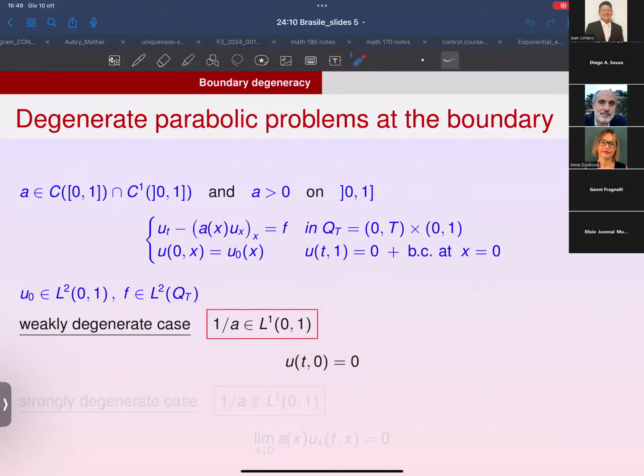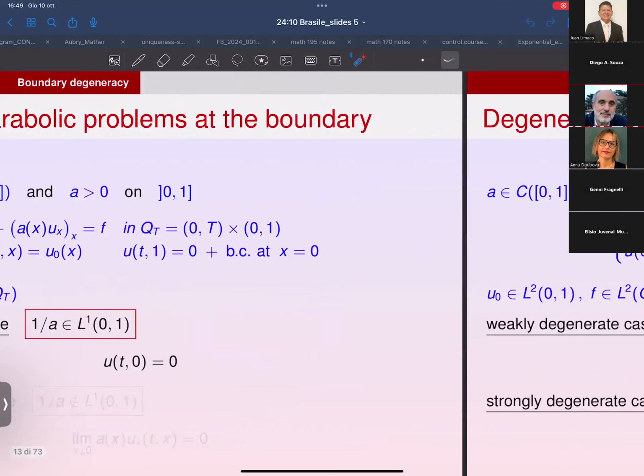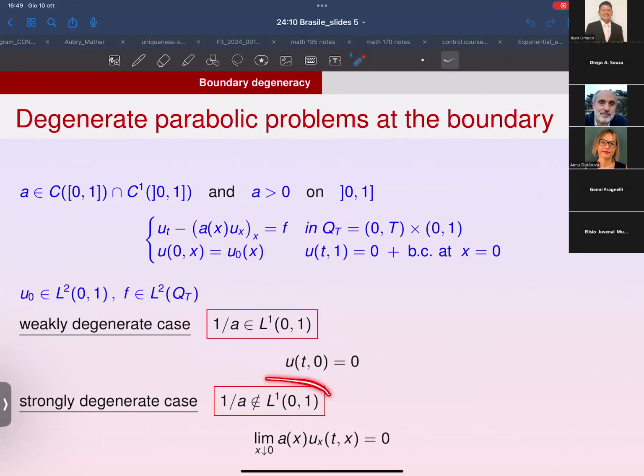In this case, we can be very close to the non-degenerate case and give even a Dirichlet boundary condition on the degenerate part of the boundary. Whereas when 1 over A is not summable, the degeneracy is strong, and we are not free to choose any boundary condition on the degenerate part of the boundary.